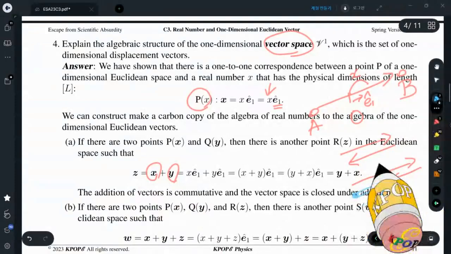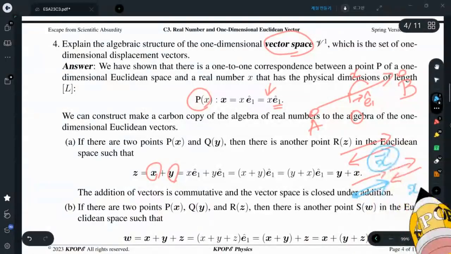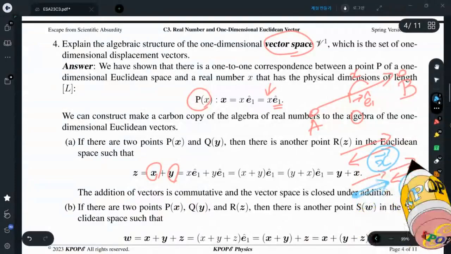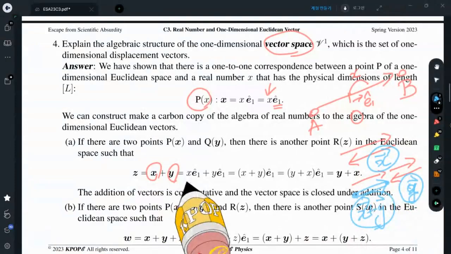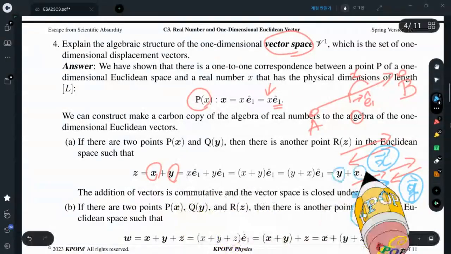I would say this is x, and this is another displacement y. These consecutive displacements result in a resultant displacement that is a sum. And we know the answer is the same as y plus x.